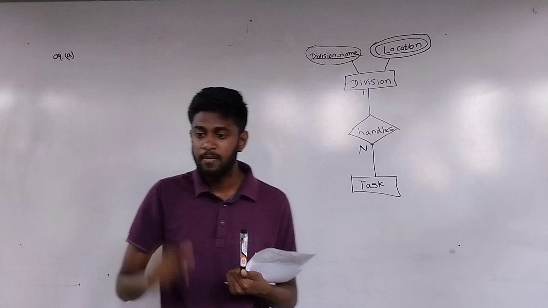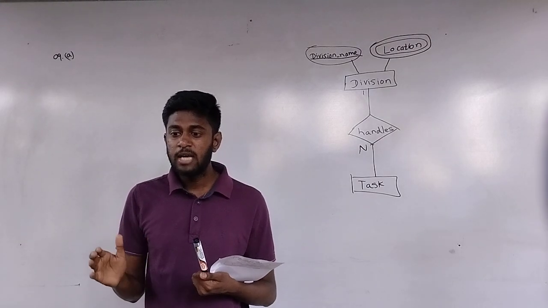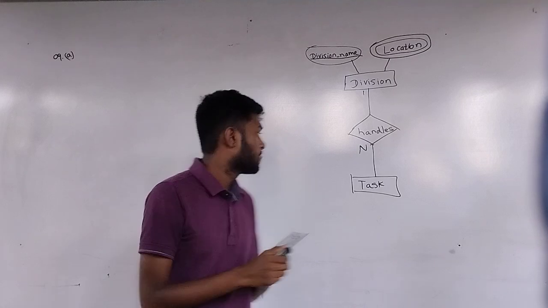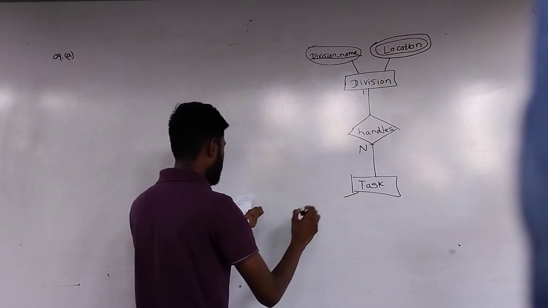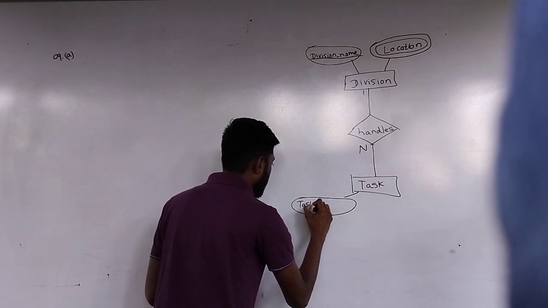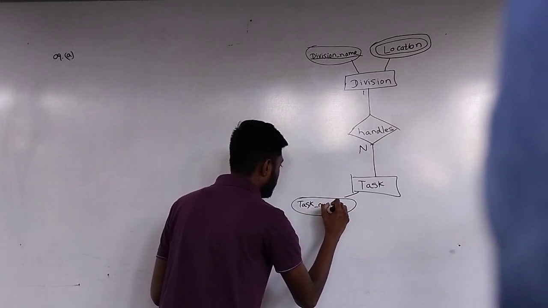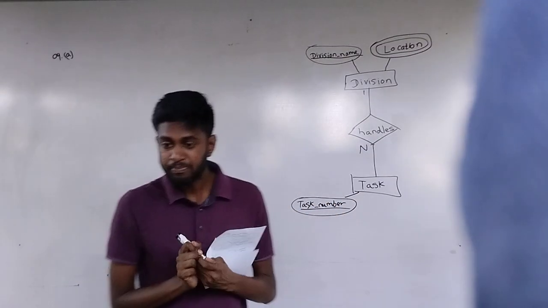In this scenario, a division handles a number of tasks, each of which has a unique number. Now this task has a unique number itself. That means that is the primary key. Let me say that as task number, and underline it because it is the primary key. Right.